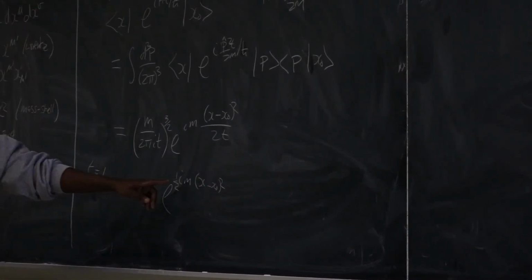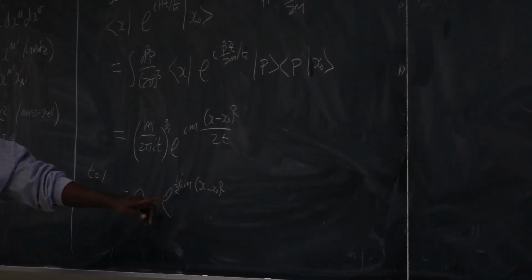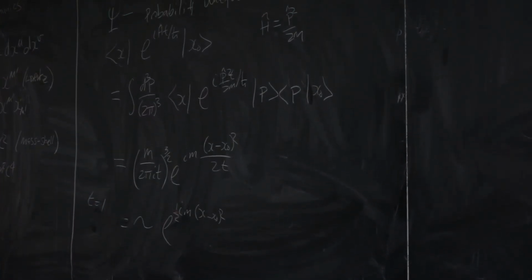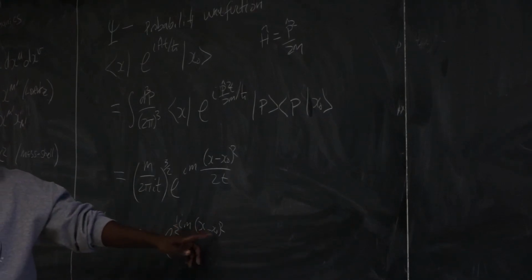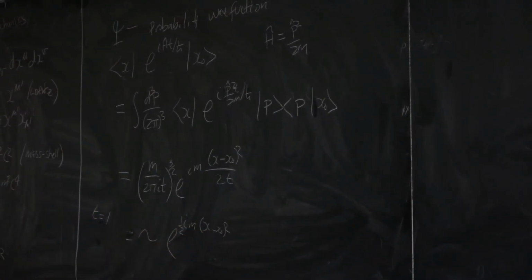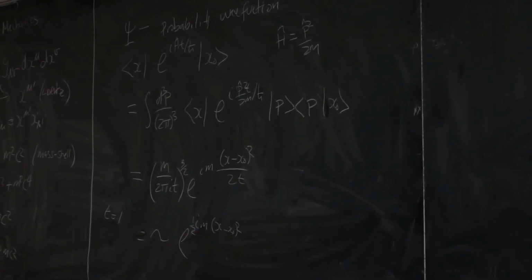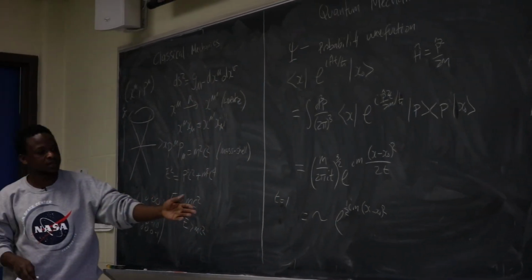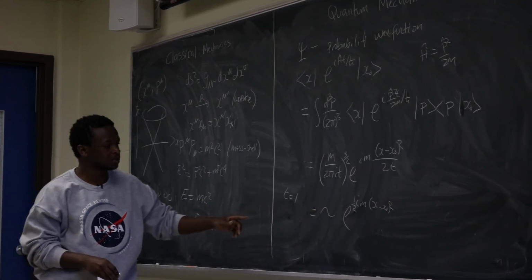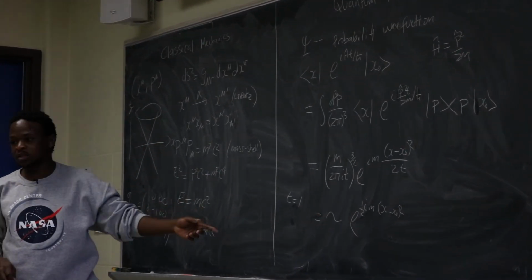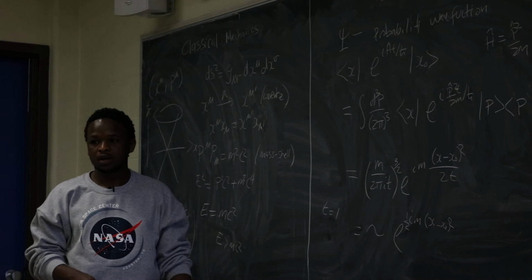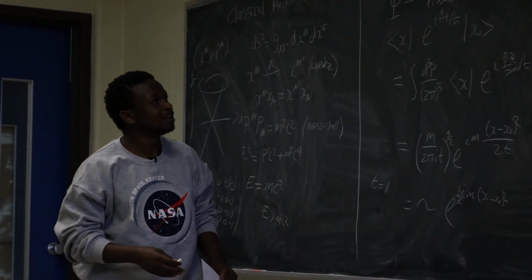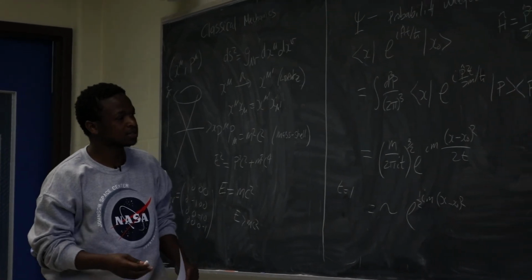What this tells us, because this is a complex exponential, so it's an oscillating function, is that if x and x naught are distances far away, outside the light cone, the probability of the particle going there is still non-zero, and that's a problem. That violates causality. So, in a sense, quantum mechanics has this intrinsic problem.